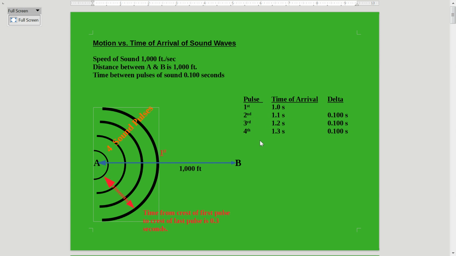So it'll record at point B at 1.1 seconds, and correspondingly each subsequent wave will add another 1/10 of a second for 1.2 seconds and 1.3 seconds. As I've done many times, I've measured the delta between these, and it's 0.1 seconds, corresponding to exactly when these pulses were emitted. So this is a static situation.